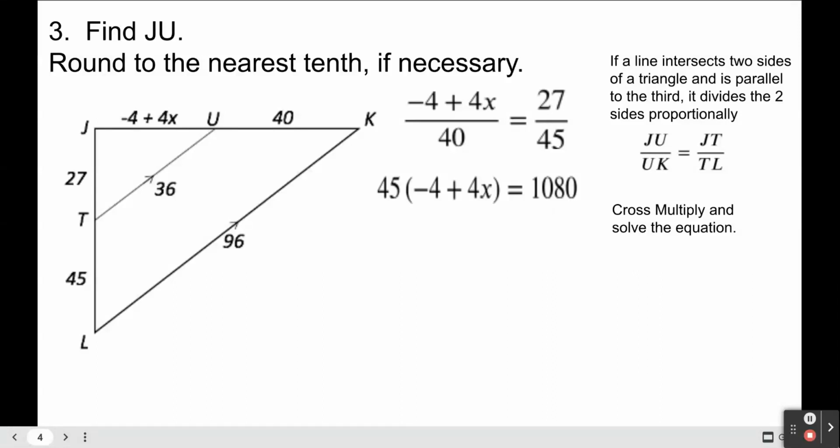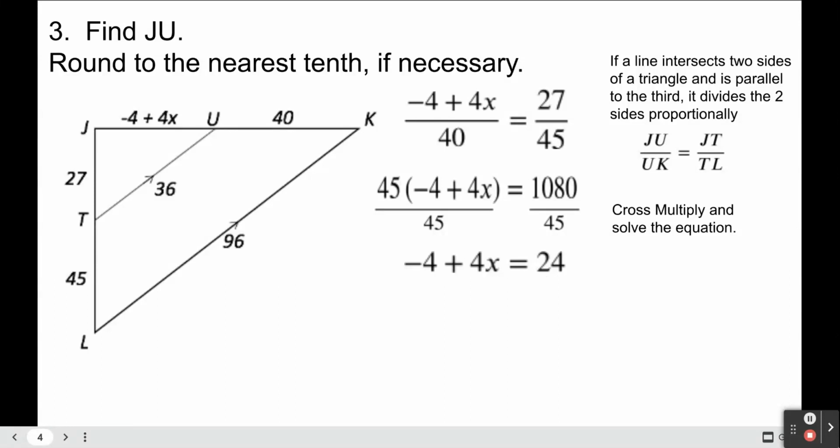Here at this point, we could distribute, as I've already mentioned, or because 45 being multiplied, we could divide, and that's going to help us work with much smaller numbers. So by dividing both sides by 45, it does get rid of the 45, but it's also going to make that 1,080 become 24. A lot easier to handle those smaller numbers.